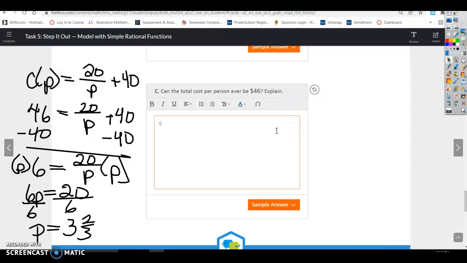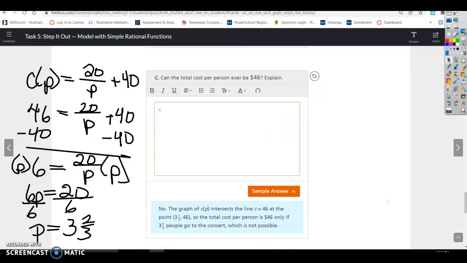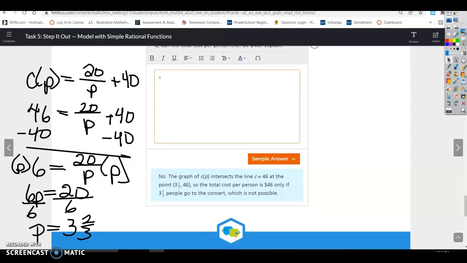Let's see again what they say. All right, no, the graph intersects the line C equals 46 at the point 3 1/3. Oh, they got 3 1/3. Maybe I did something backwards. Oh, I did. 18 leaves 2 over 6. 2 over 6 is 1/3 instead of 2/3. All right, that is 1/3. Still can't have 1/3 of a person.